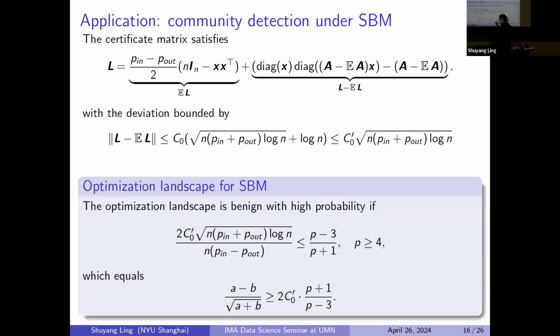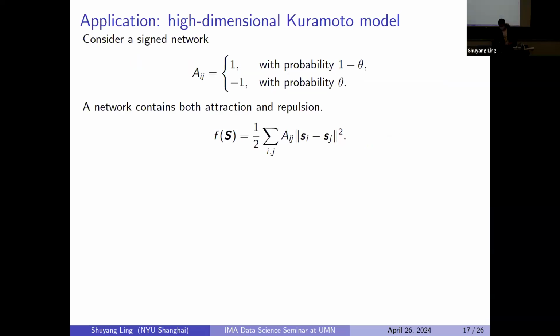I have to make sure p is greater than 4. Then the landscape is benign. It's almost the same as the SDP relaxation. So the main message here is that if p is greater than 4, which means if I do Burer-Monteiro factorization in dimension 4, the landscape is benign under almost the same condition as SDP.